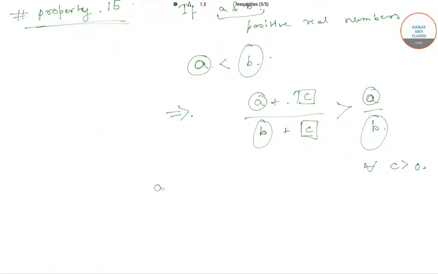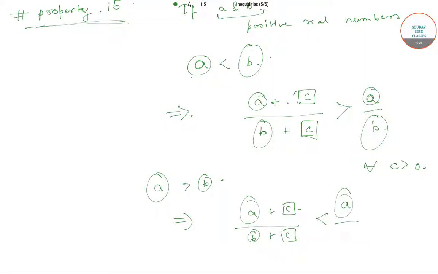Similarly, if a is greater than b, then this would imply that a plus c divided by b plus c would be smaller than a divided by b.